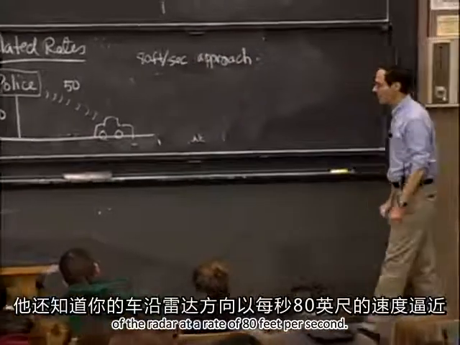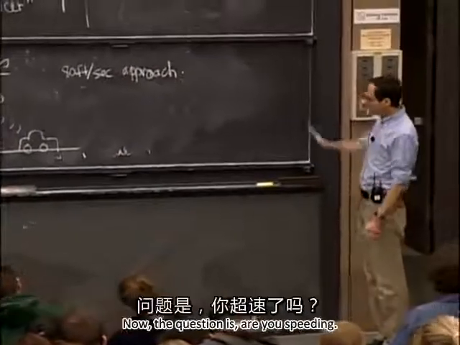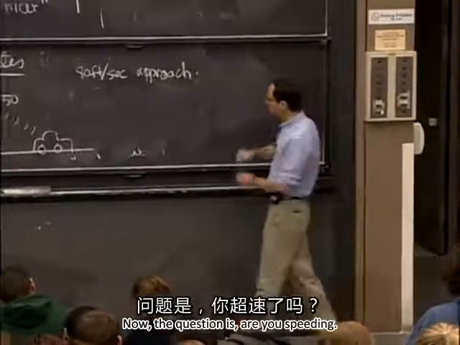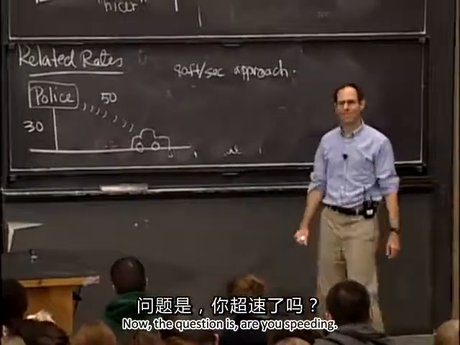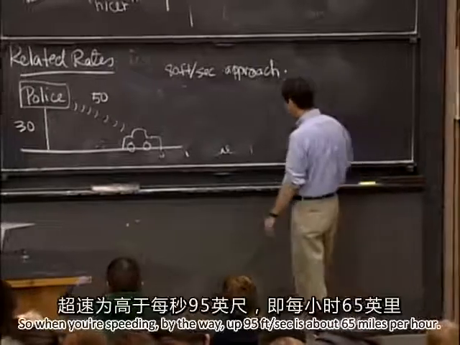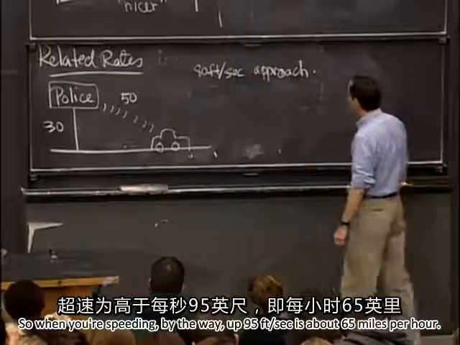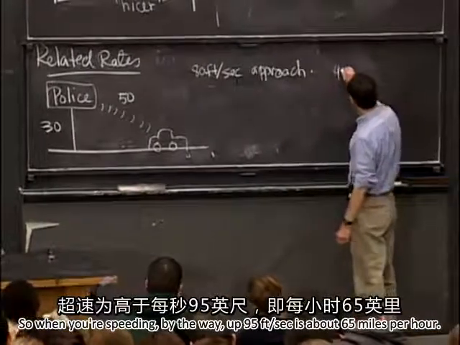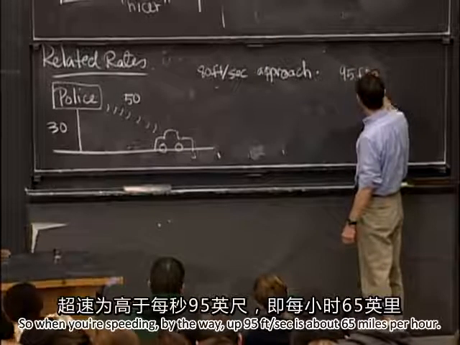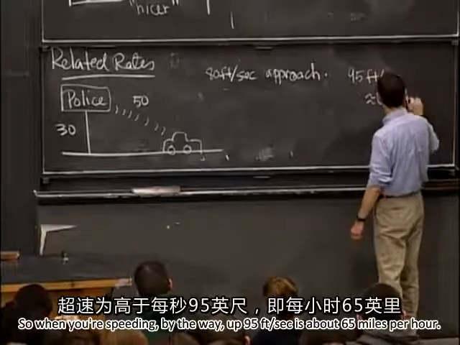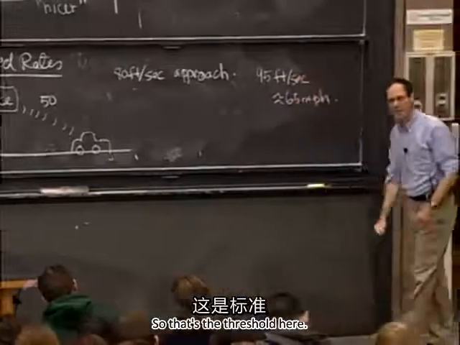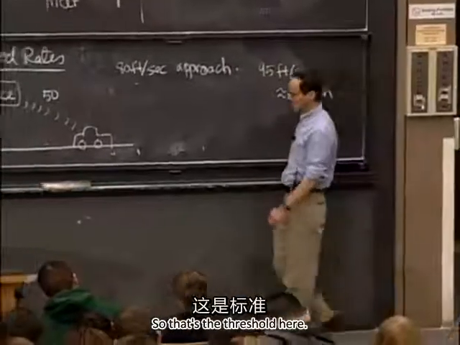Okay? Now, the question is, are you speeding? Right? That's the question. So when you're speeding, by the way, 95 feet per second is about 65 miles per hour. So that's the threshold here.